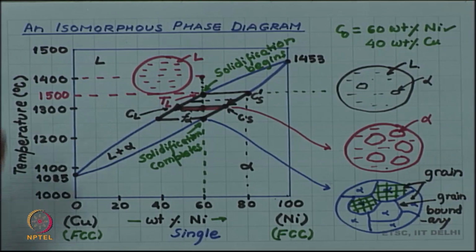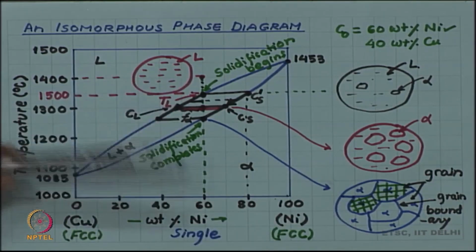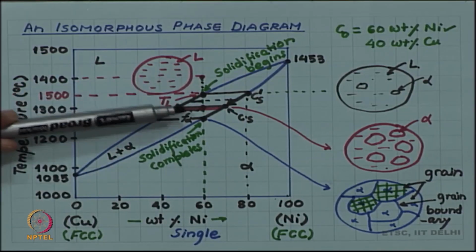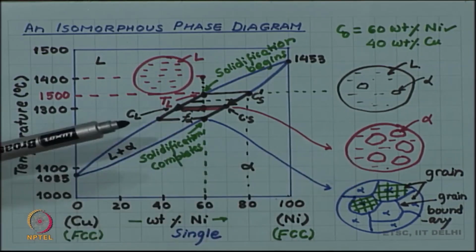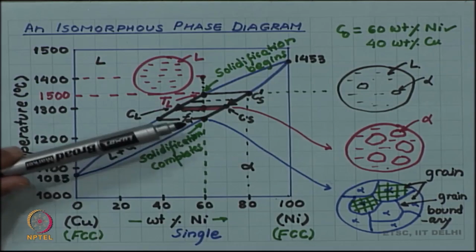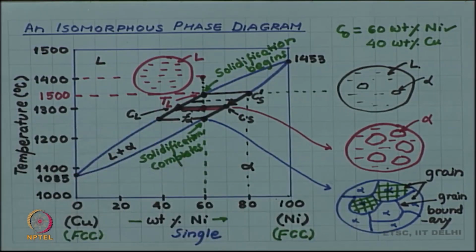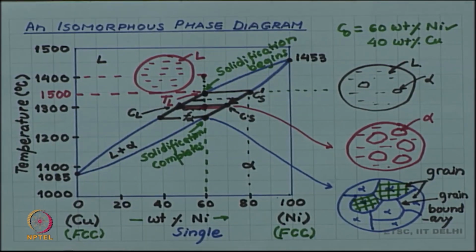So, in an isomorphous system, if you proceed with the solidification, starting from the liquid phase, the alloy goes into a two-phase liquid plus alpha region, where you have both liquid and alpha, and finally in the end it will end up as a single phase polycrystalline system. I was beginning to write it here, but I have run out of space.